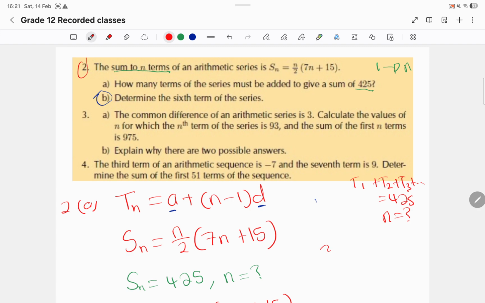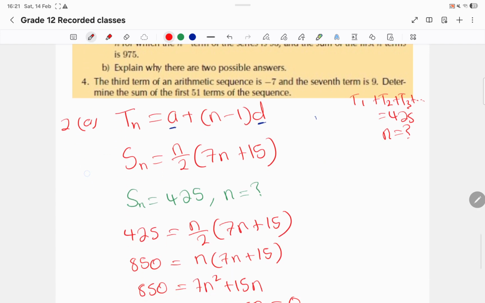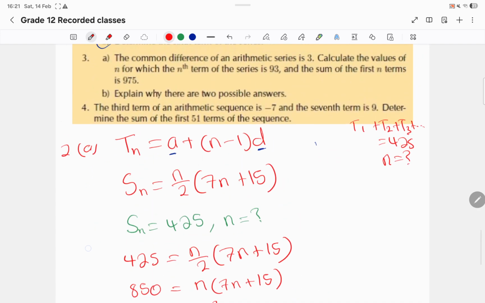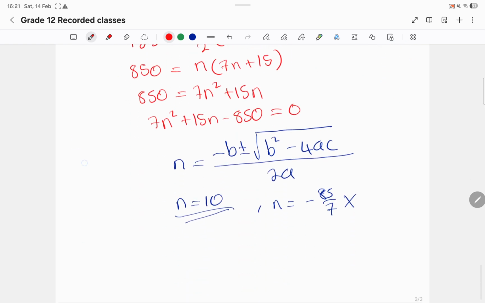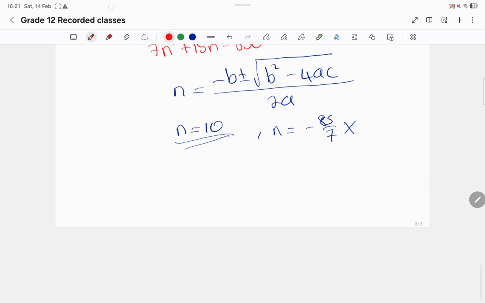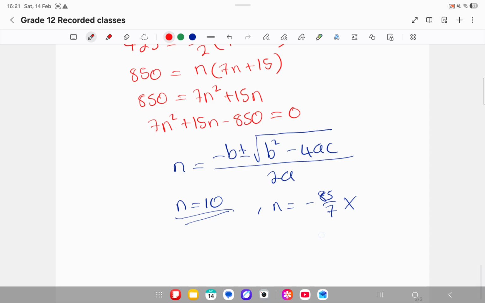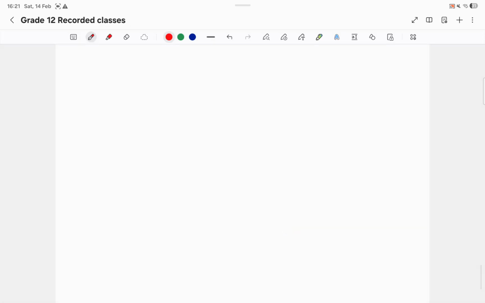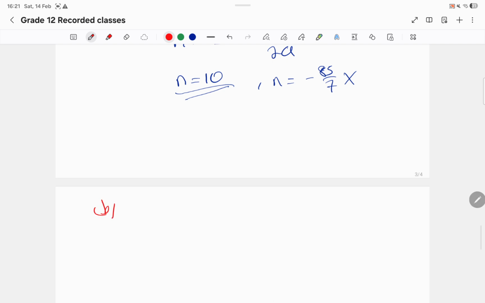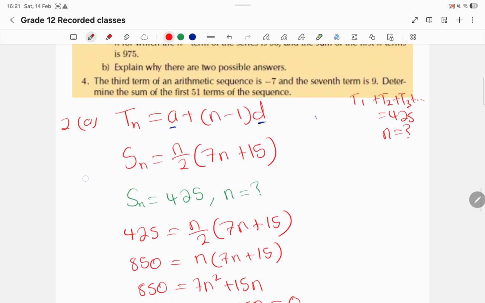Let me just get some space for part B. So for part B, we do know that Sn is given by n over 2 (7n plus 15). I'll double check that it's correct.